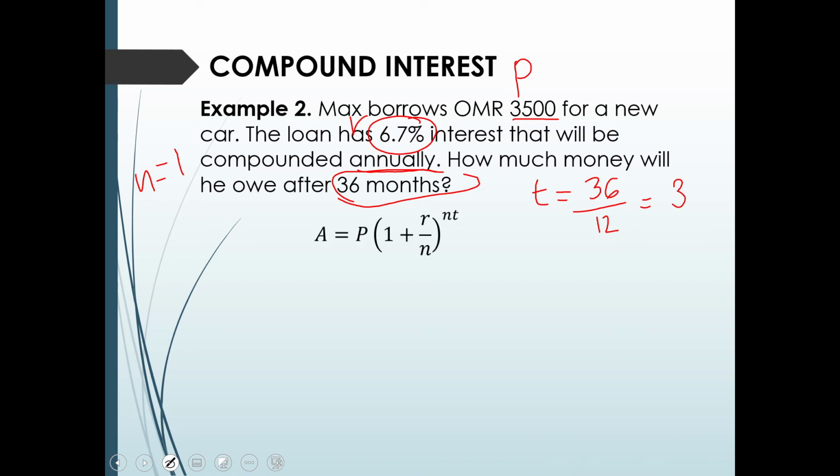Applying that to our formula, P is 3,500.